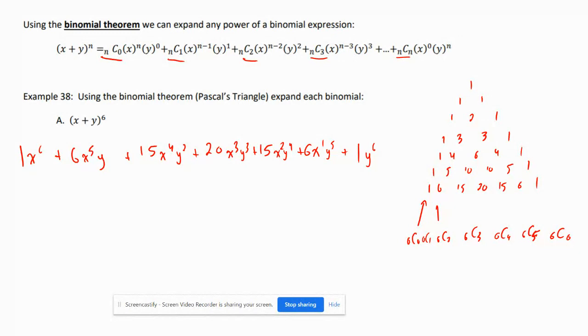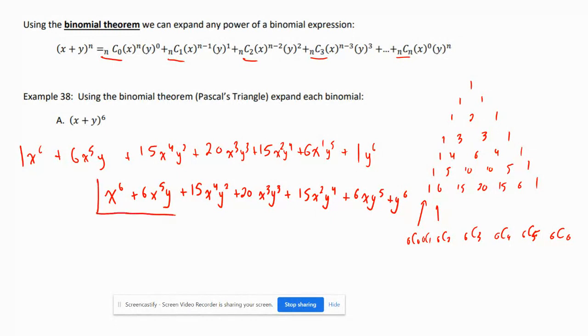So our final answer would be x to the 6th, and so on, and this is our binomial expansion for x plus y to the 6th.